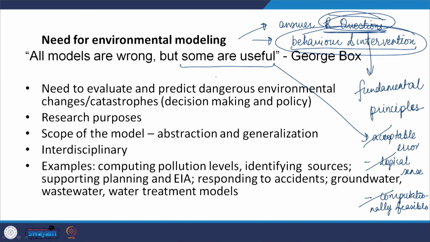So these are very common kinds of models that are done by environmental engineers, scientists and environmental modelers, and these are basically computing the pollution levels spatially and temporally. To be clear, when I talk about spatial models, I am talking about how the concentration of pollution changes over a particular space, whether it is 2D or 3D. And when we are talking about temporal changes, we are looking at how, in a given fixed space, the concentration is changing over time.